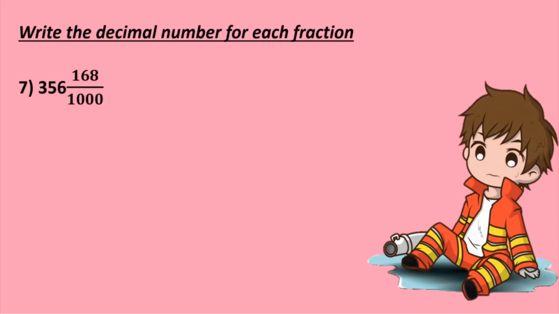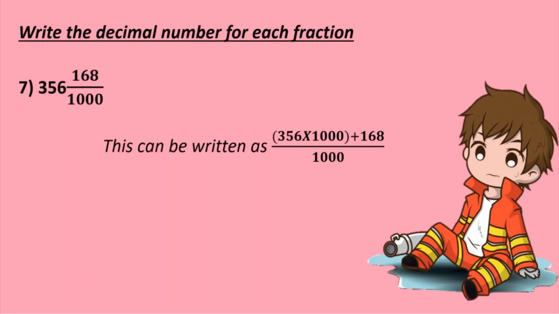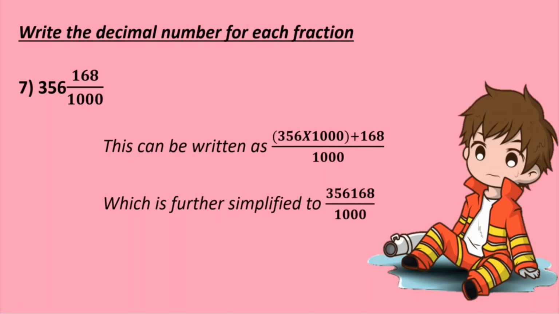We first change it to an improper fraction. So we multiply 356 into 1000 plus 168, which gives you 3,56,168 by 1000. So the decimal number will be 356.168.